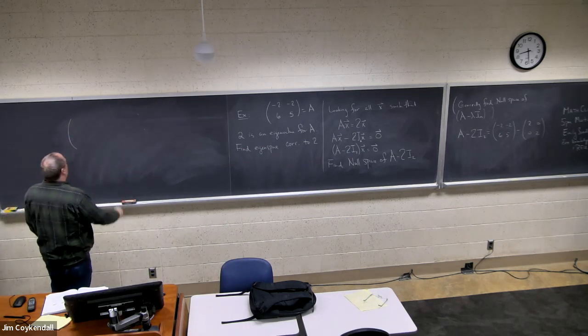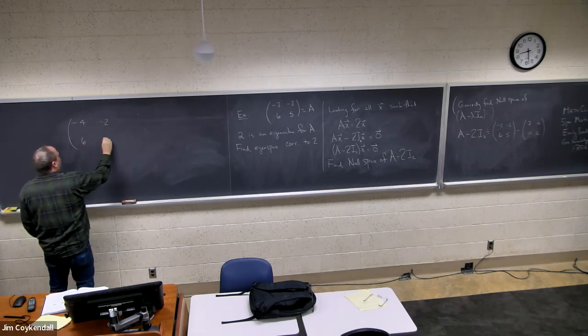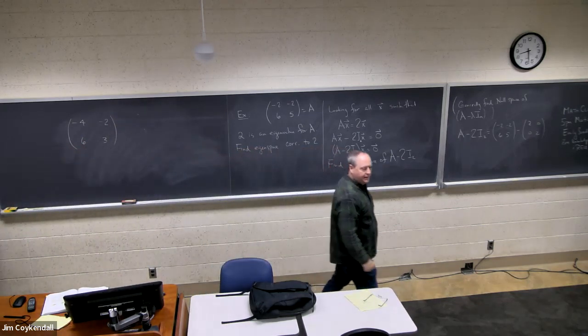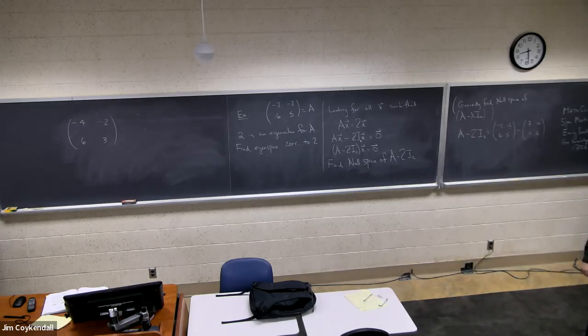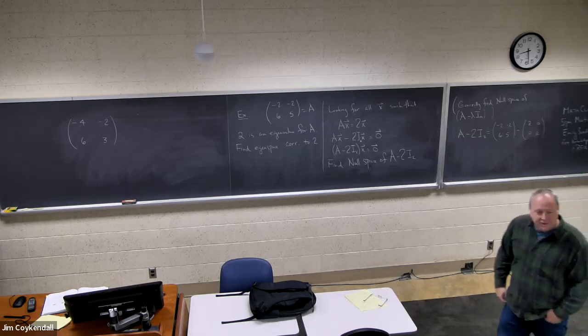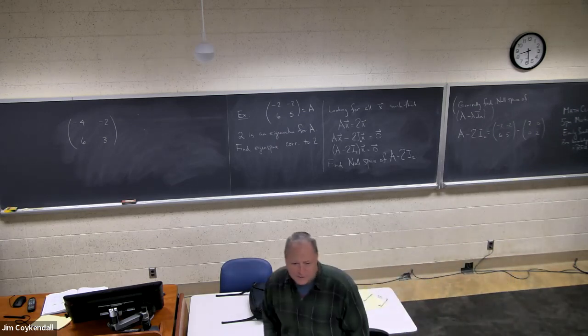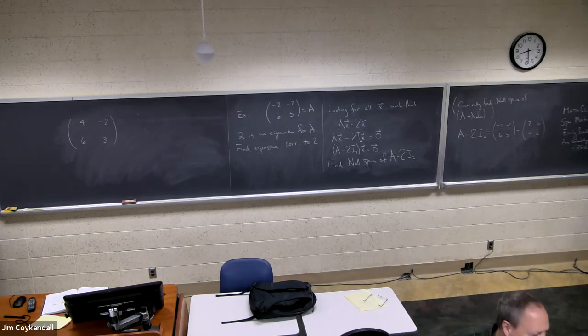That's going to be minus 4, minus 2, 6, 3. Can somebody put your eyeballs on that and tell me real quick why I know this has a non-trivial null space? That's right, the determinant is zero, as the rows are multiples. So I know for sure there's going to be a non-trivial null space lurking.